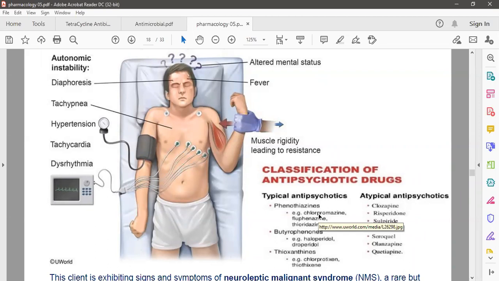So what does neurolepsis mean? It means altered motor function and decreased level of consciousness.